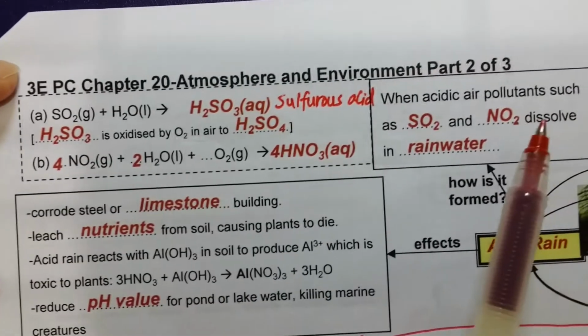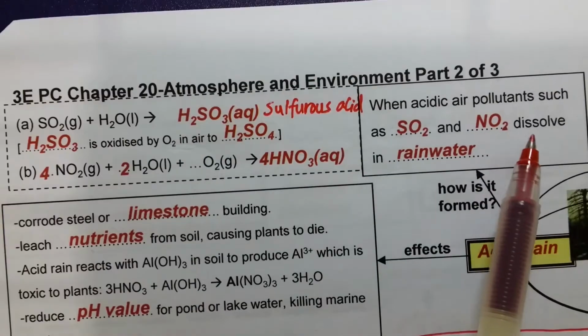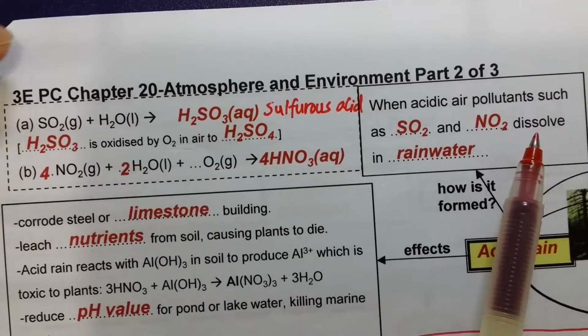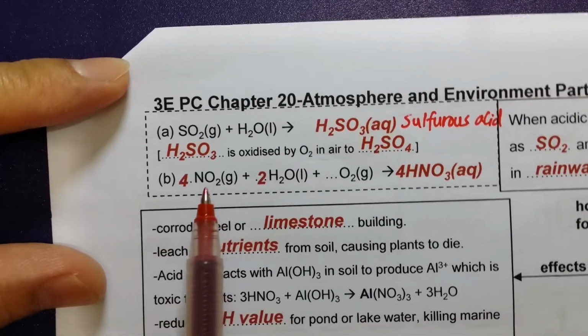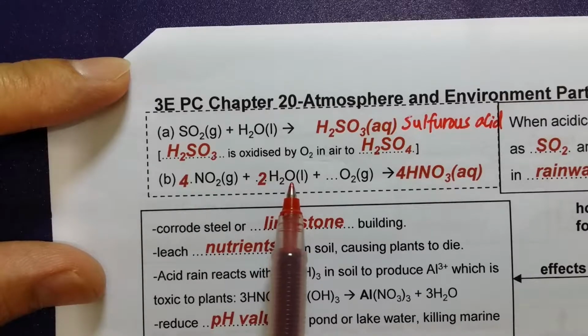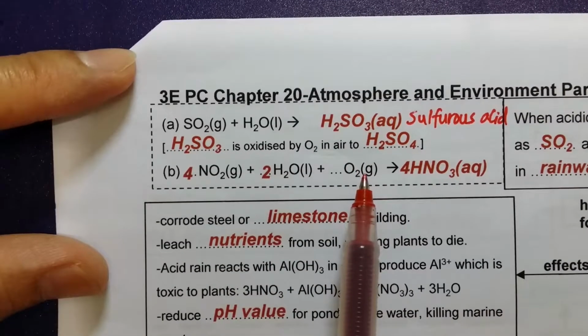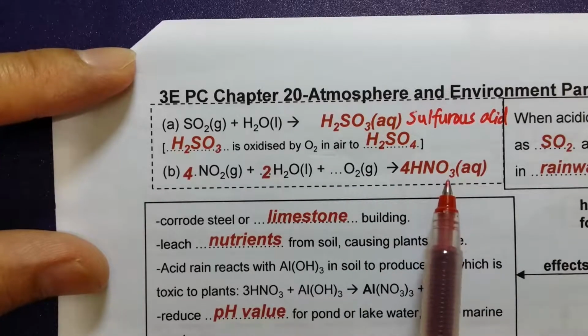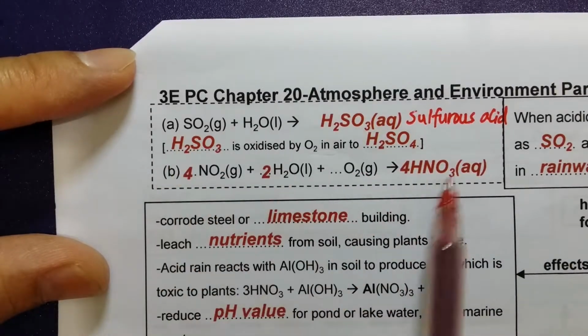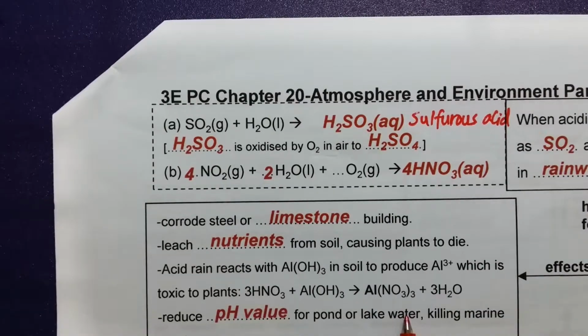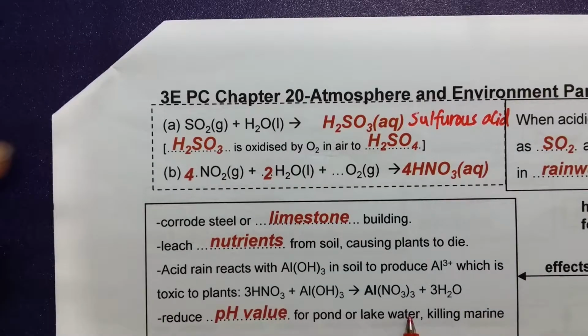Now, how about nitrogen dioxide? How does nitrogen dioxide contribute to acid rain? When nitrogen dioxide dissolves in water, it will be oxidized by the oxygen in the air to form nitric acid. So all these chemical equations you have to be aware of. You must be able to write them.